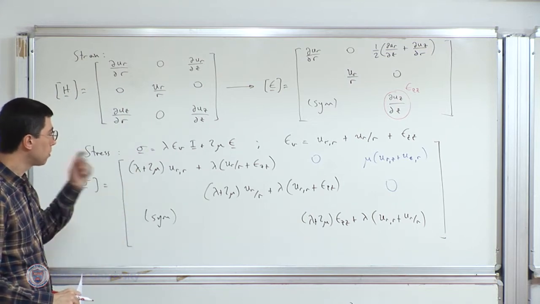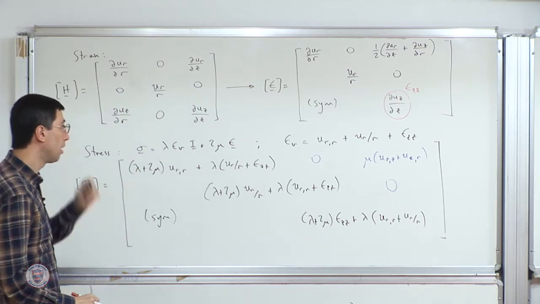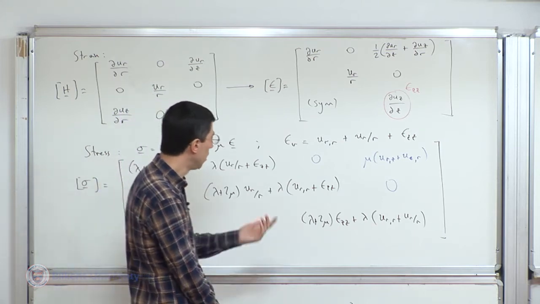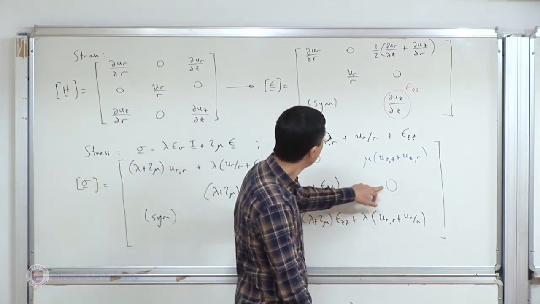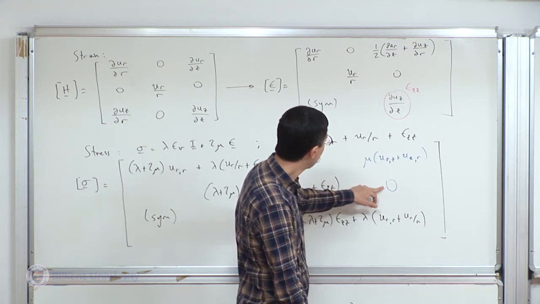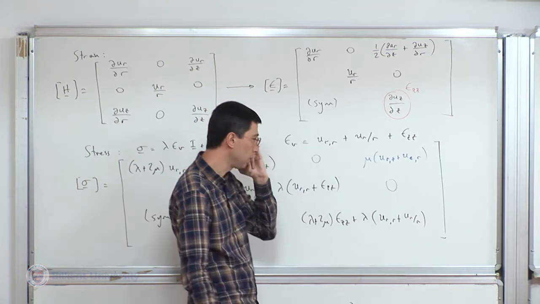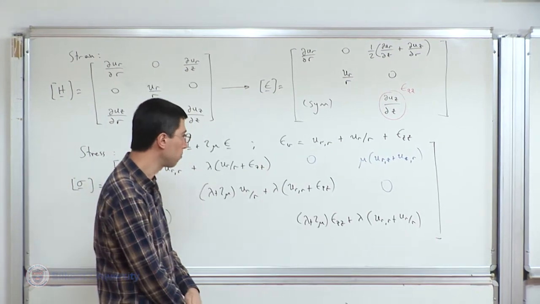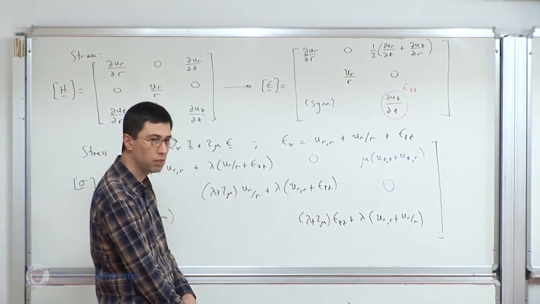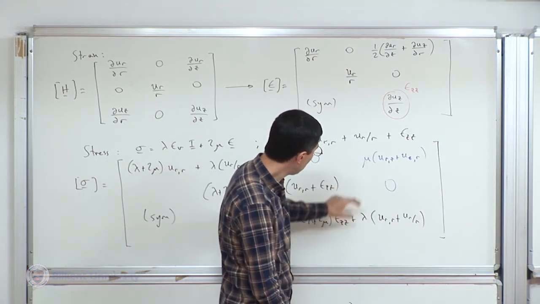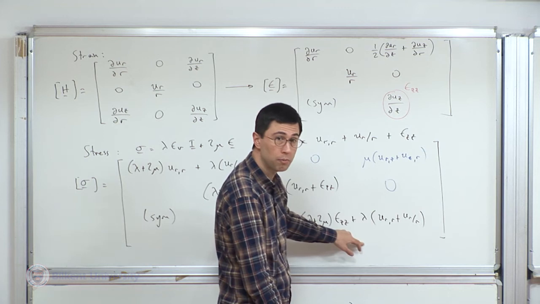So this is the general expression for stress. Now sigma z theta was 0 not because of plane stress, but because there is no theta dependence of any argument. But really, these components should also be 0 because of the plane stress scenario.